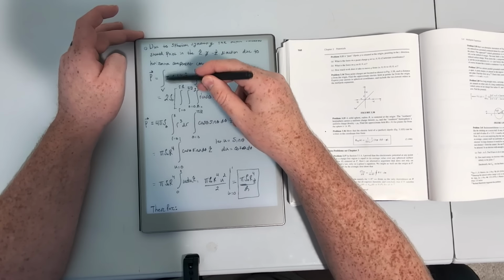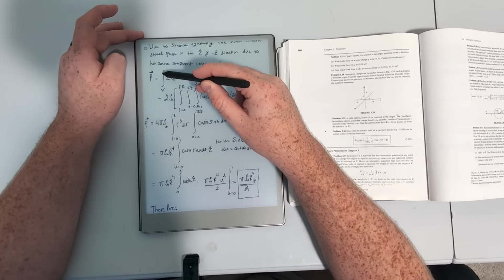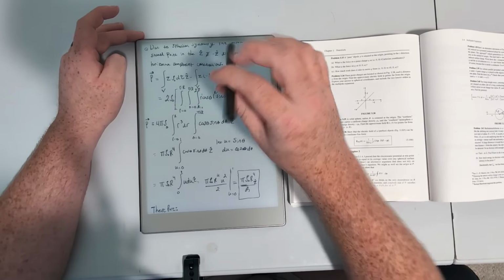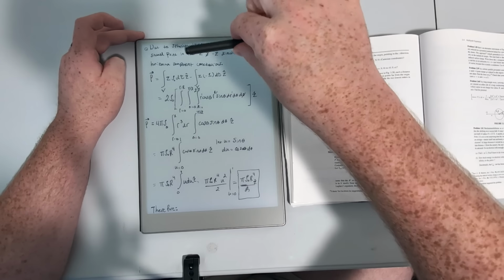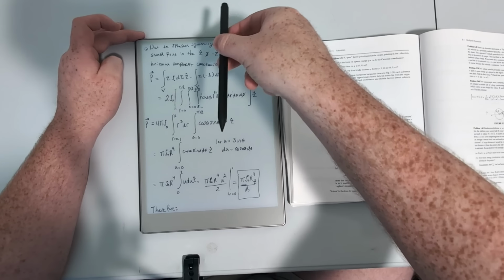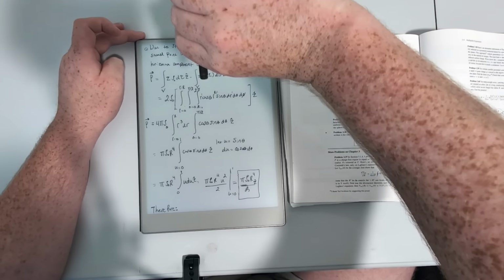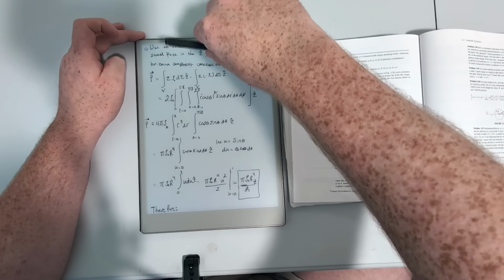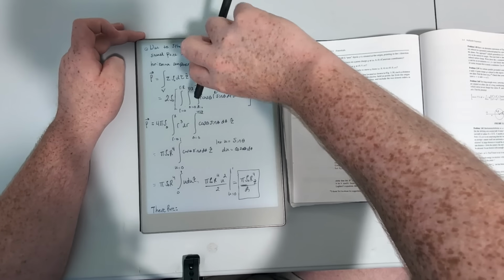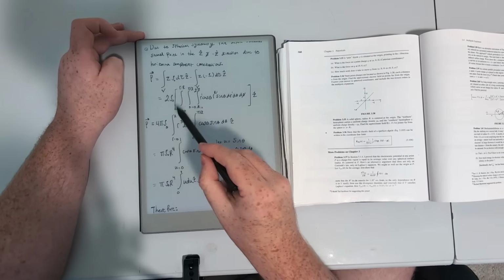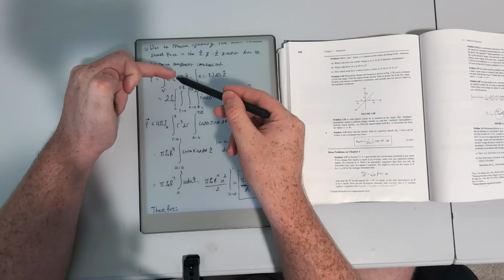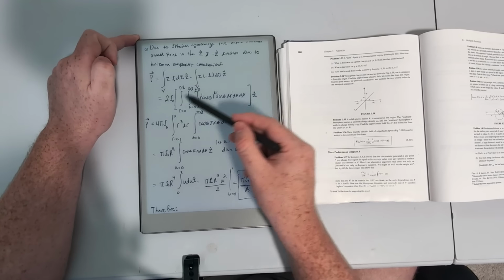The bounds for each integral will be slightly different, because the bottom half we'd be integrating from pi over 2 to pi, versus the top half integrating from 0 to pi over 2 for theta. But that gets handled by just combining the two integrals as well.